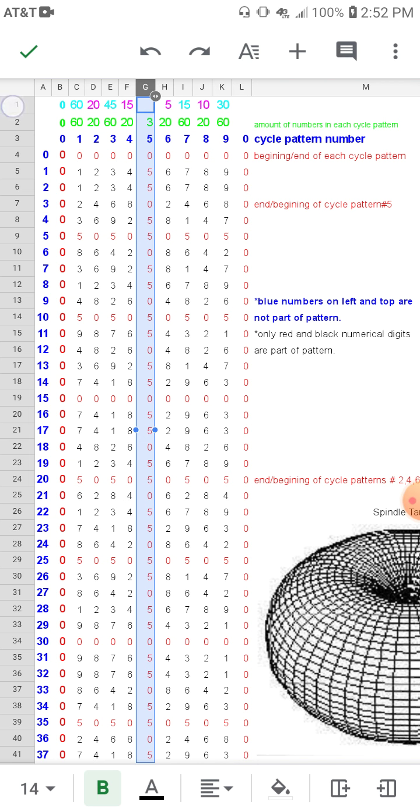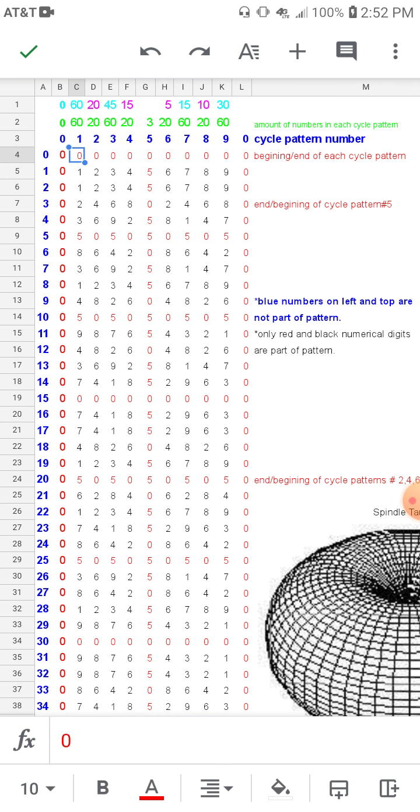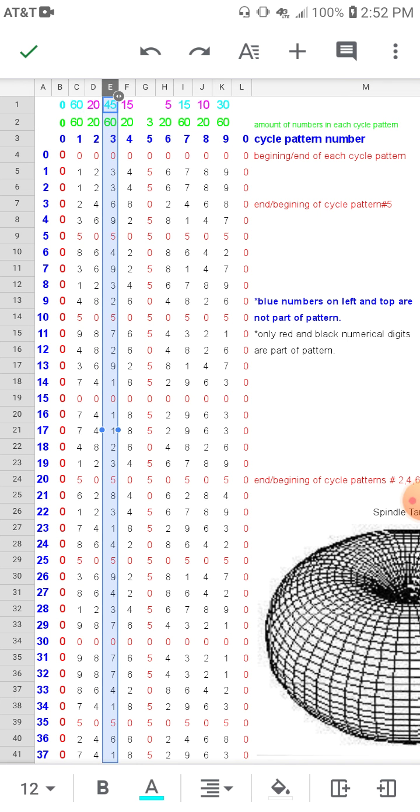These numbers right here at the top, the blue and magenta, they represent the spot. Well, let me just explain to you. The number 1 cycle pattern is kind of like the master pattern, right? But okay, so number 3, if you can see at the top right there, it says 45.